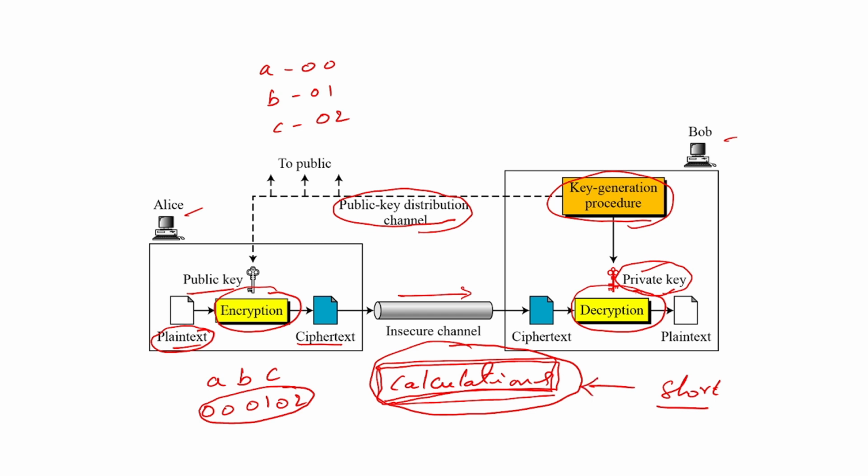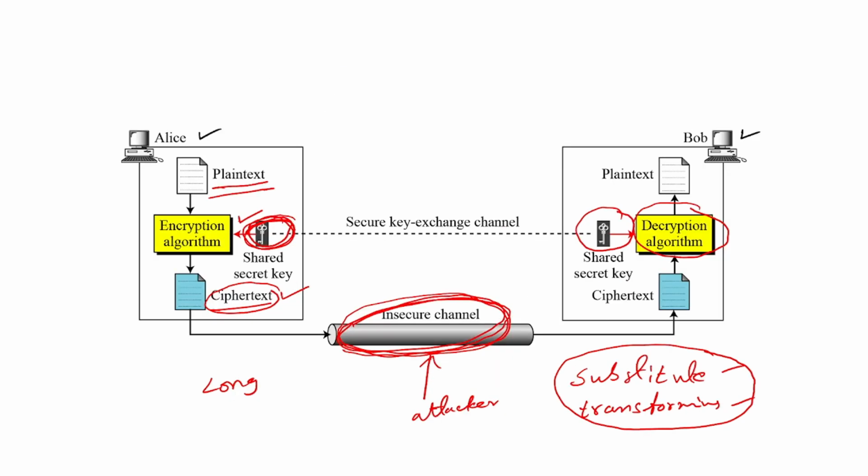If the message is long, then the number of calculations will be huge, and the time taken to perform encryption and decryption operations is more. That's why we use this technique only for short messages, and symmetric cryptography is generally used for long messages.